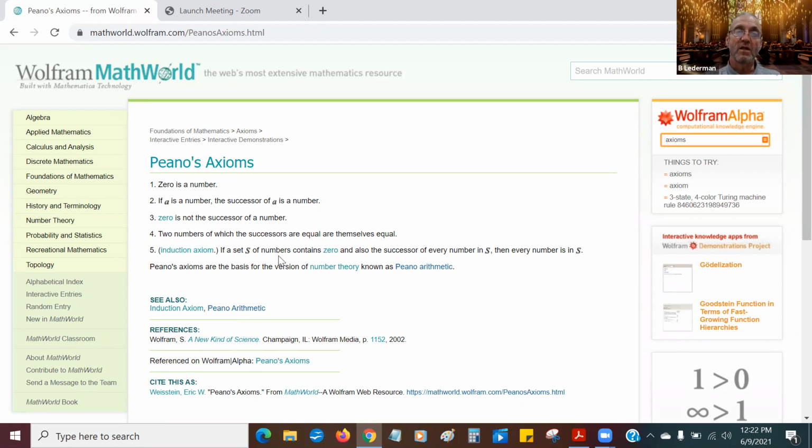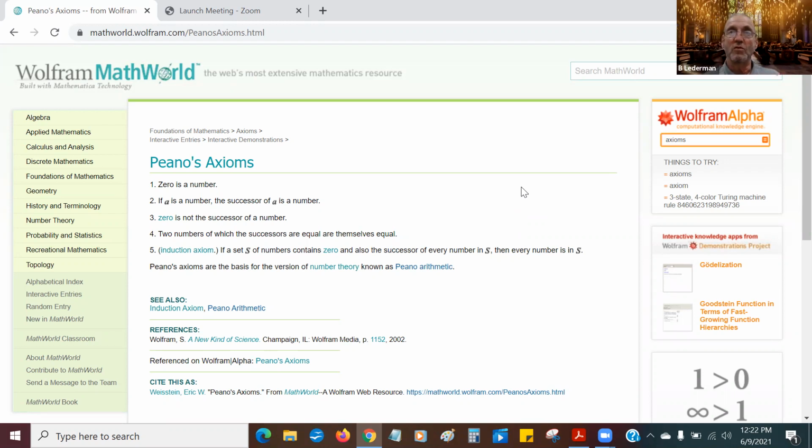If the set S of numbers contains zero and also the successor of every number in S, then every number is in S. Meaning if I have a set of natural numbers and that set contains the number zero, by natural number, I mean positive integer, and for every element that's in the set, the next integer is also in the set, well, if it has zero, that means it has to have one, because one is next.